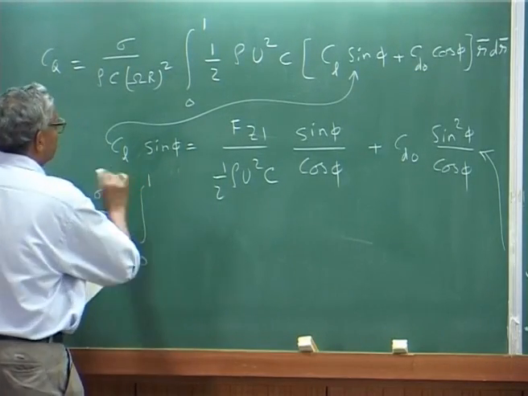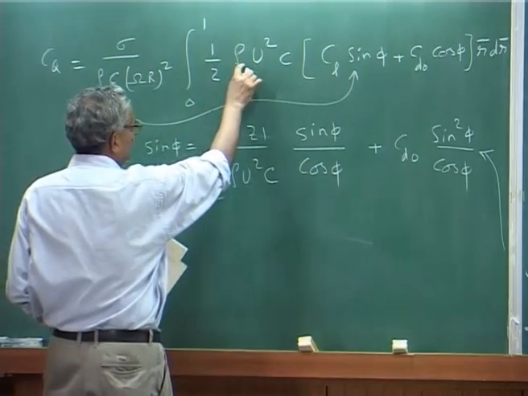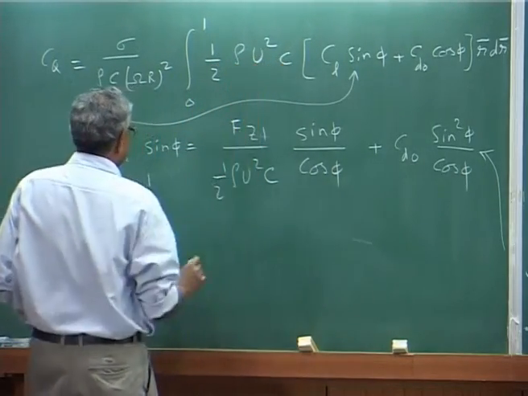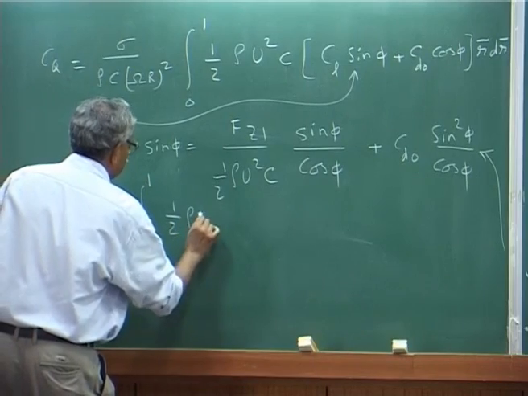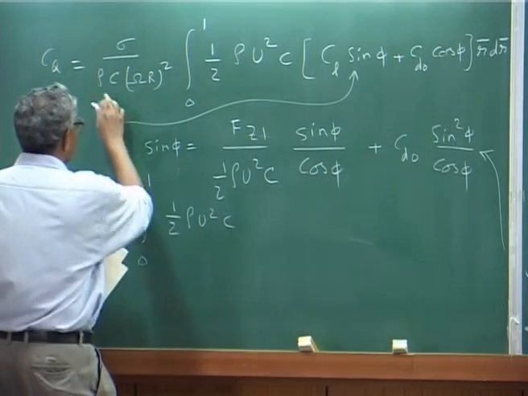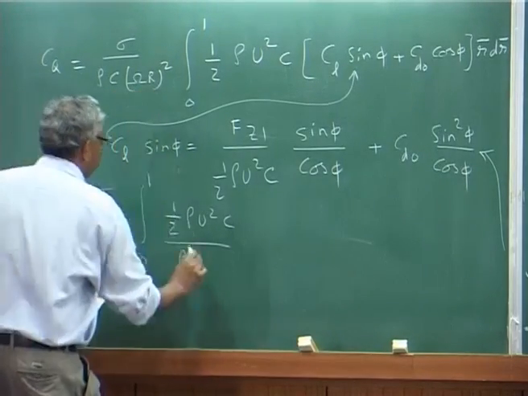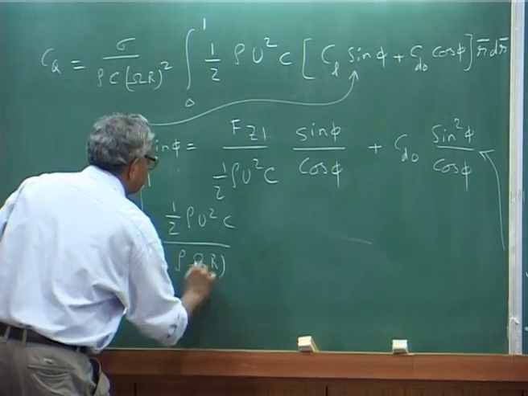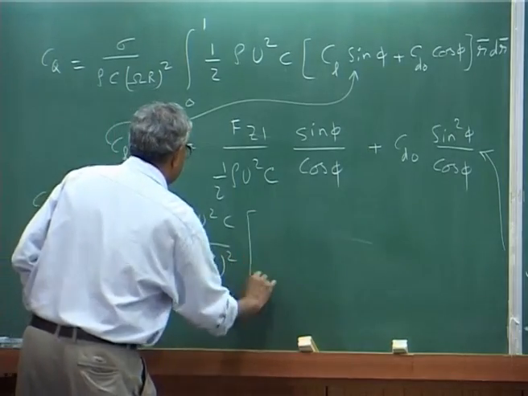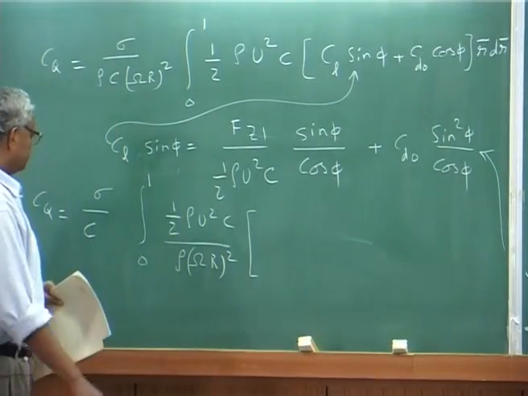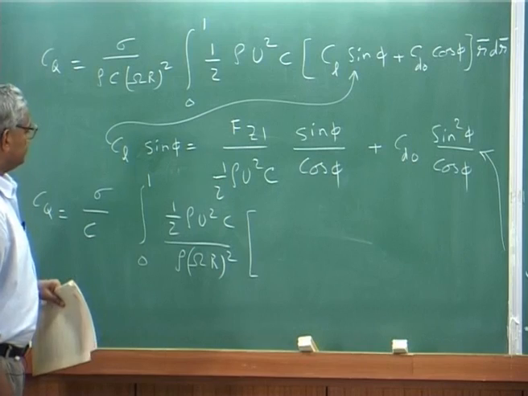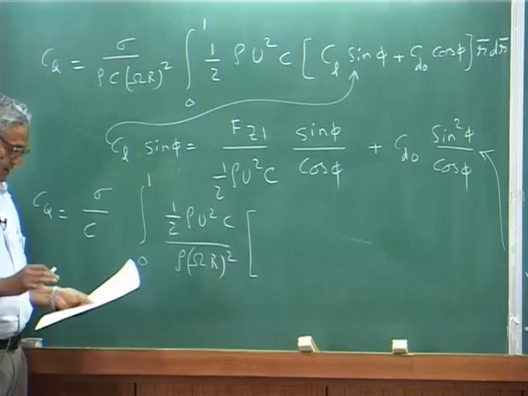0 to 1, half rho u square C divided by rho omega r whole square. Okay. Is it correct?